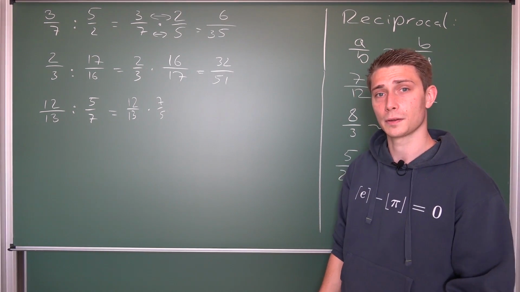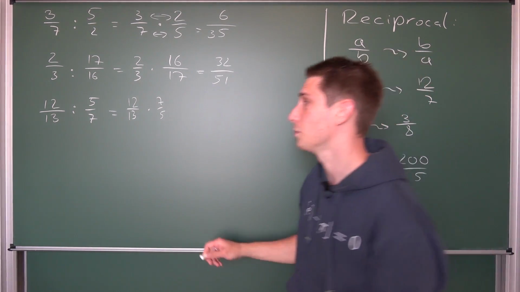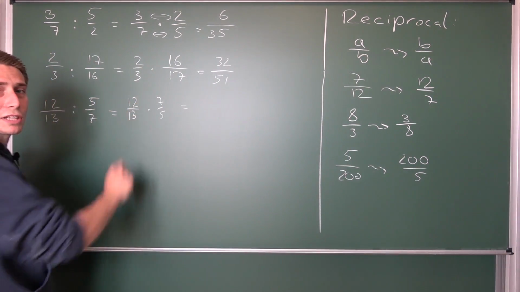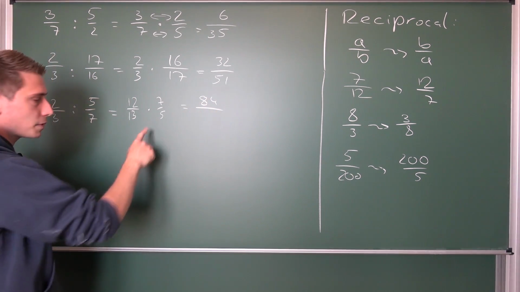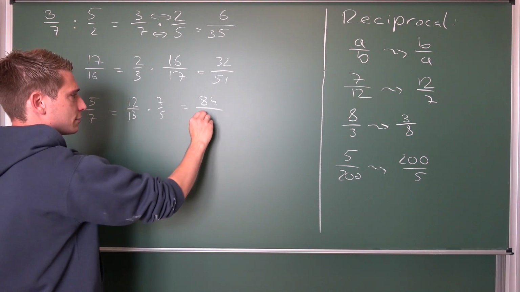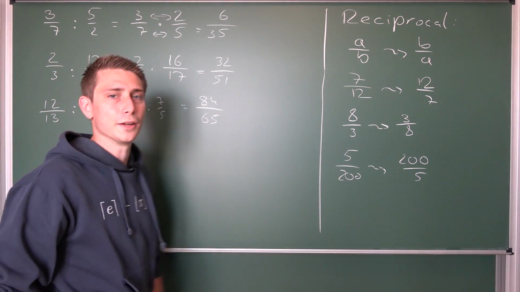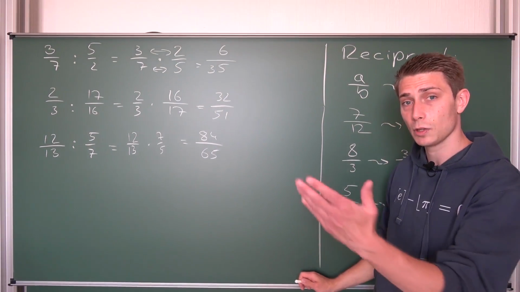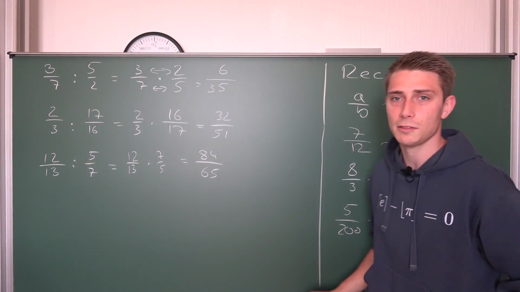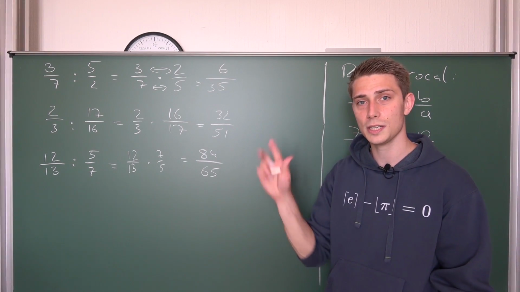And now we are multiplying both top and bottom, alright? So 12 times 7 is going to give us 84, divided by 5 times 13 is going to give us 65. And then we are done. There's nothing left to do. This is basically it. It's only one simple cooking recipe that you need to take into account. And it's 3 easy steps.